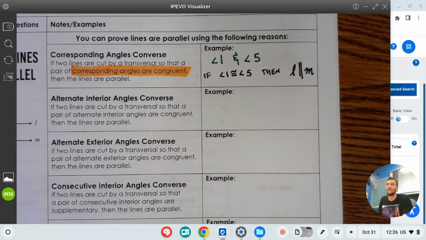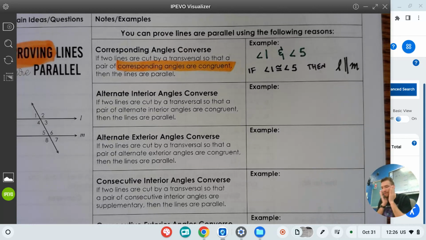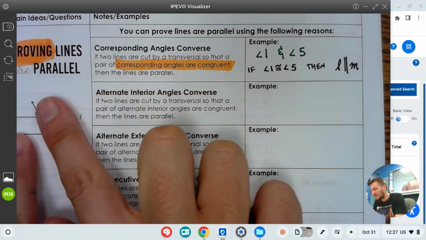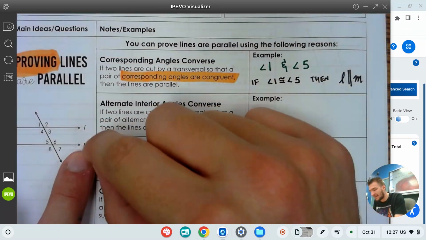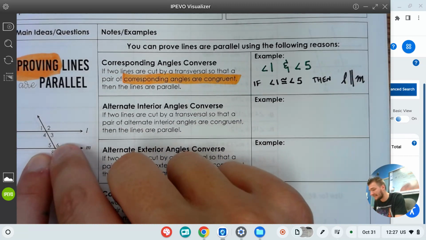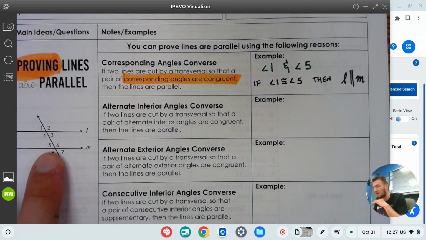All right, now, I promise you, if it's complicated, it's just because we haven't quite woken up or focused in yet. It is literally already things that we already know, okay? Just imagine this backwards, right? If I tell you that L and M are parallel, we know that 1 is the same as 5. That's corresponding. We've been doing that for like a week.